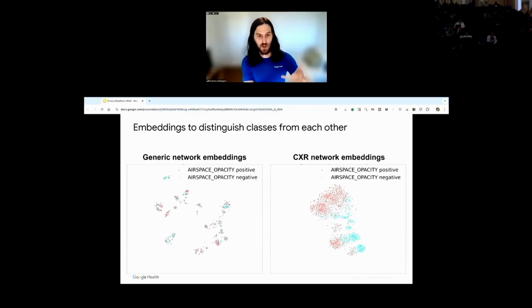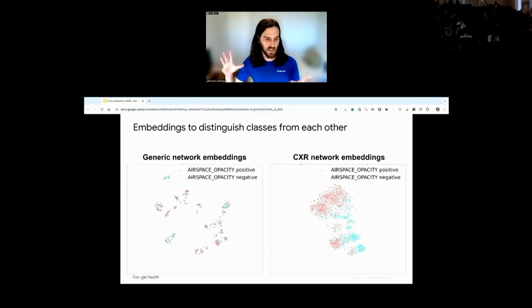For chest X-ray or some medical imaging task on the left, you don't get very good separation. Even as a human, if you tried to draw a circle around all the blue dots or all the red dots and separate them out, it'd be very hard. Whereas on the right, it gets a little bit easier. And that's without having told the model, okay, here's what airspace opacity is.